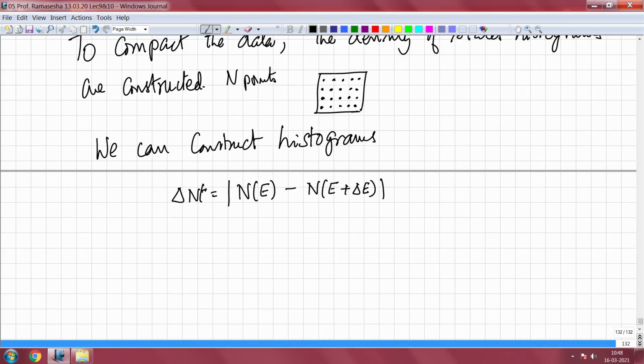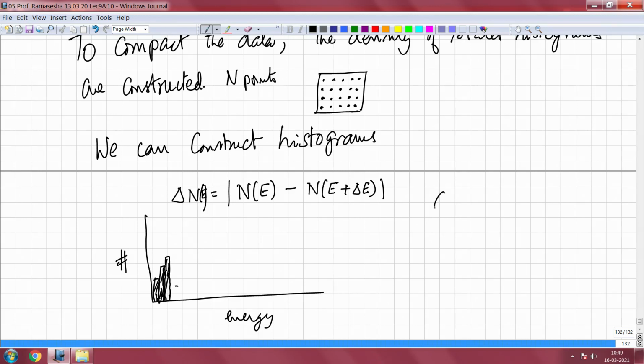So this is delta n of E. So what you do is you have this histogram which is actually the number versus energy. So you construct these histograms with different kinds of delta E's, and so on and so forth.